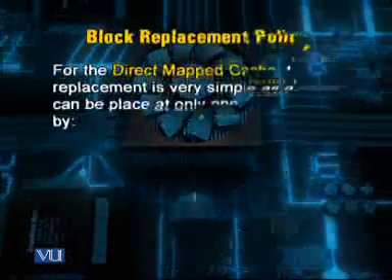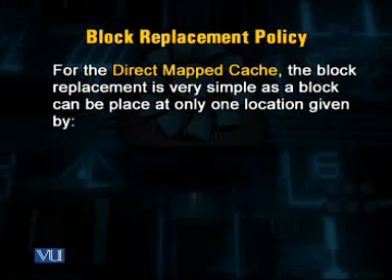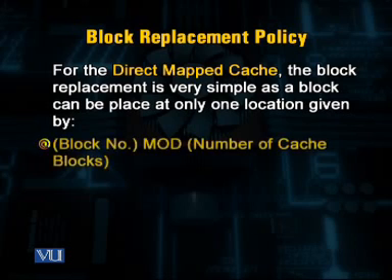What are the block replacement policies? Let us consider the direct map cache first. For the direct map cache, the block replacement is very simple, as a block can be placed at only one location. As we mentioned earlier, this location is given by block number mod number of cache blocks.